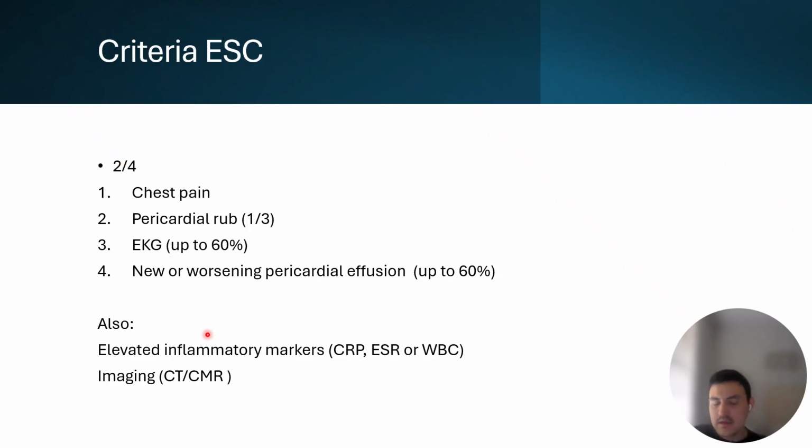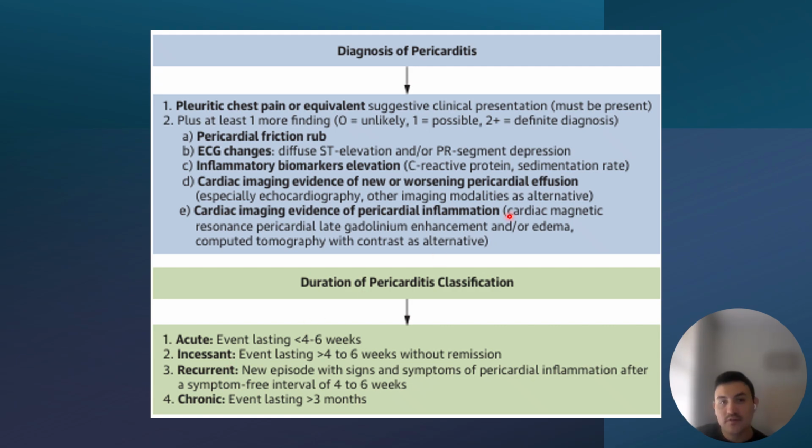They also told you that elevated inflammatory markers and imaging weren't part of the criteria. Now, in 2025, the ACC came out and said those are now part of the criteria.